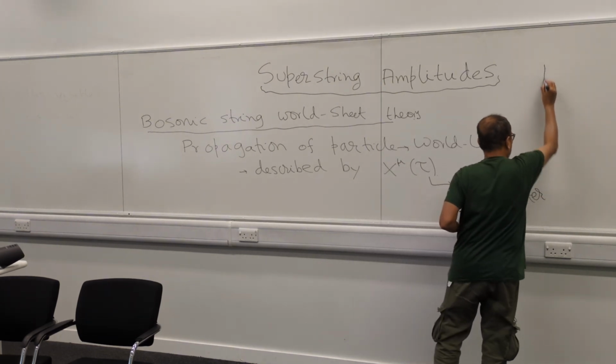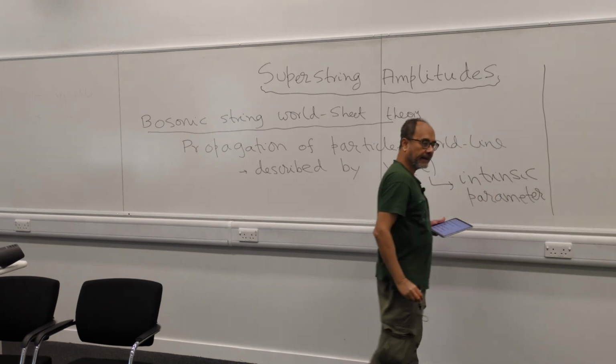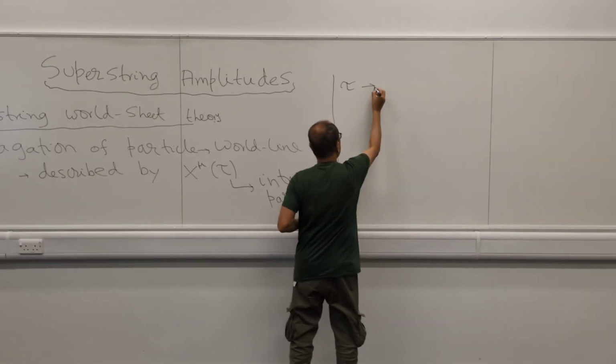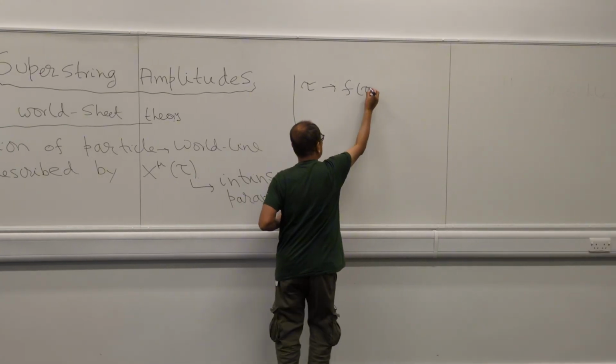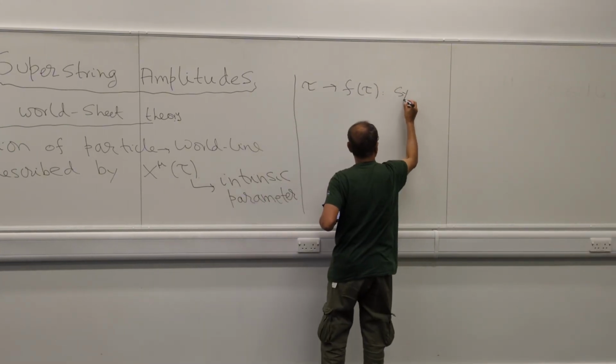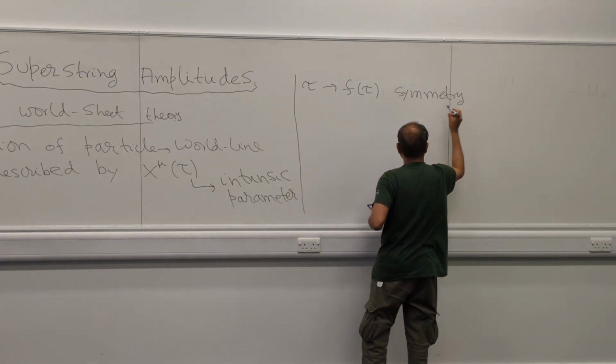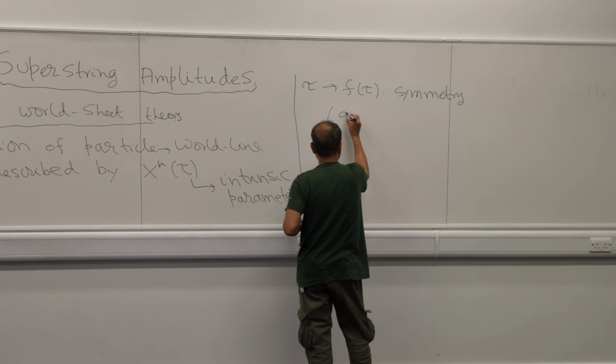And the choice of tau in fact is completely arbitrary. So tau going to any function of tau is a symmetry. And this in fact is a gauge symmetry on the world line.